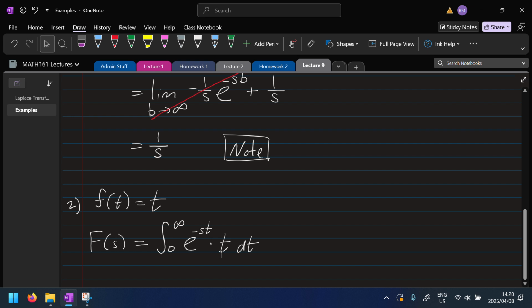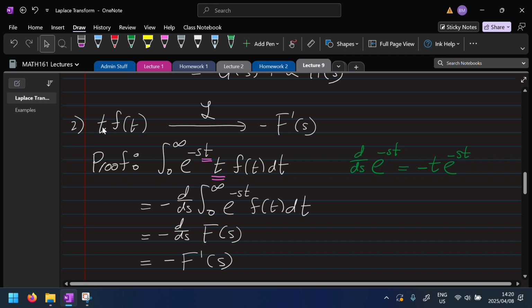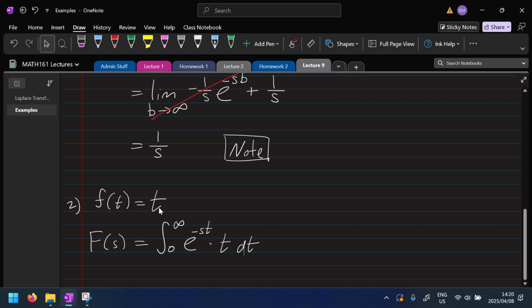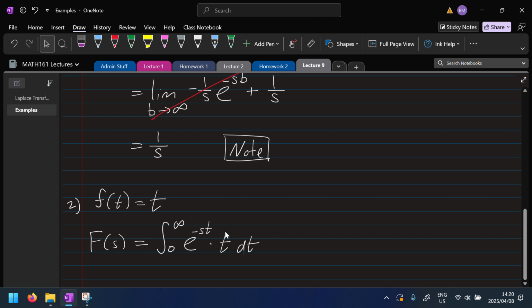Either we can just use integration by parts to evaluate this directly, or we can go back to our properties and notice that if we've got t times f of t, then this becomes minus the derivative of the Laplace transform. In this case, we just have t by itself, but that's just the same as calling this f of t 1. So we can do that, or we can just do it as an integration by parts problem.